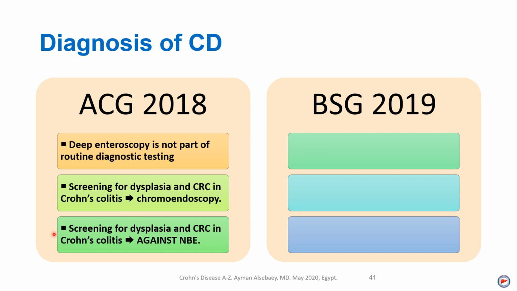Screening for dysplasia. Okay, these slides are very important because the ECCO is the only one who had addressed this point. If you remember in ulcerative colitis, we said before that the ECCO has recommended using either chromoendoscopy or narrowband imaging. In Crohn's colitis, it is against narrowband imaging.